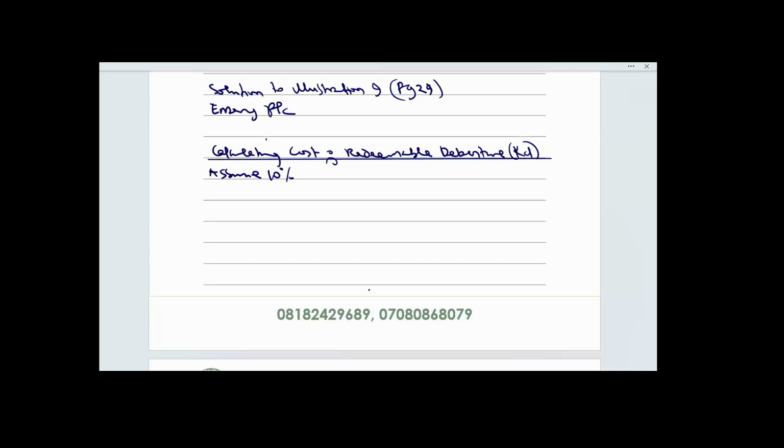So let's start. I'll create a column for year, description of items, cash flow, discount factor, then present value. If I like, I can use two tables. If I like, I can use only one table. I think I've been using one table all the while. Let's use two tables this time around. So at 10%, year zero.